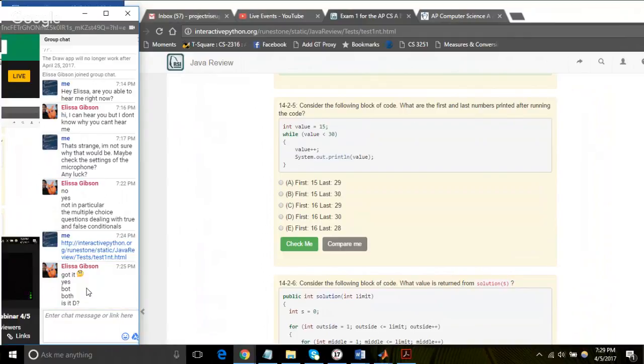So is this the type of question that you wanted to see, or did you want to go over something else when you're talking about true and false conditionals, or are you just looking at the question right now?